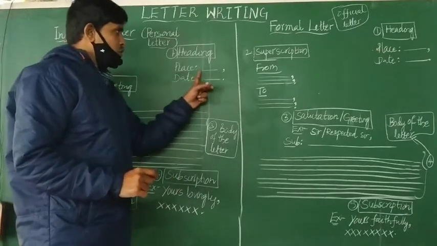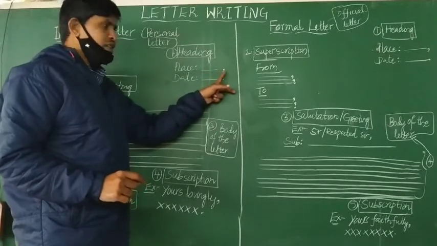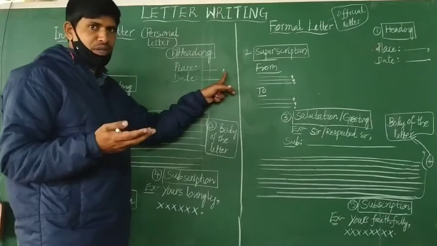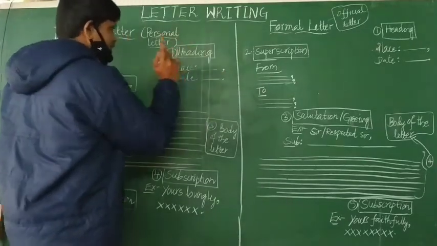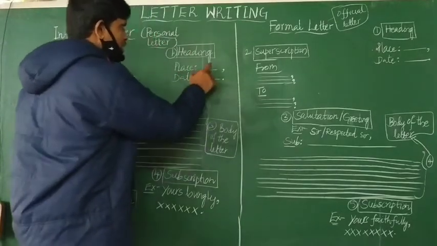You can write the place, but if you don't keep a comma, it is wrong. So place, then a comma, then the date, then a full stop. This is the heading.